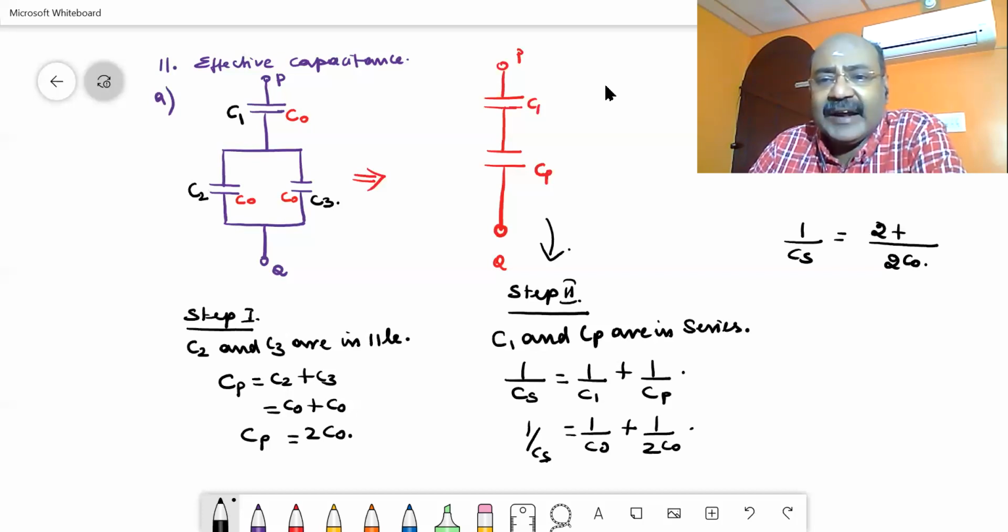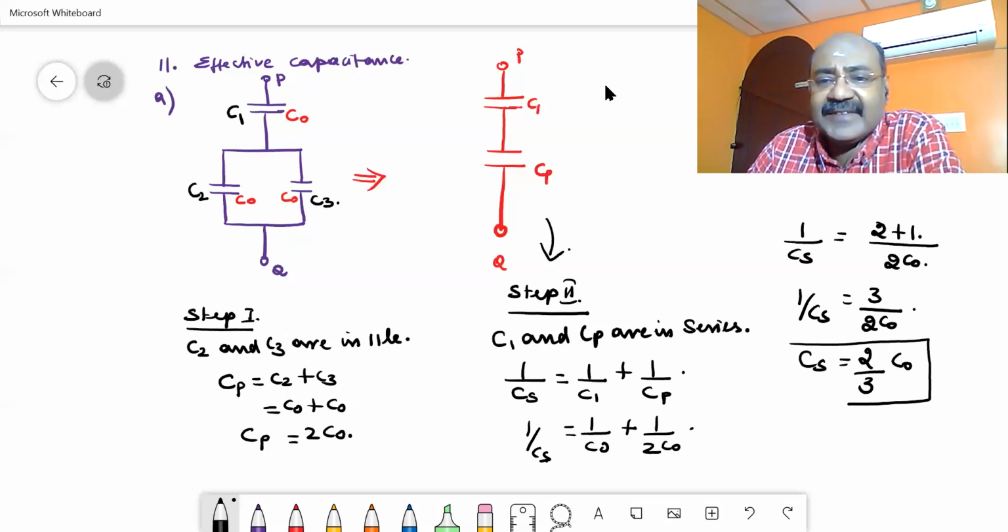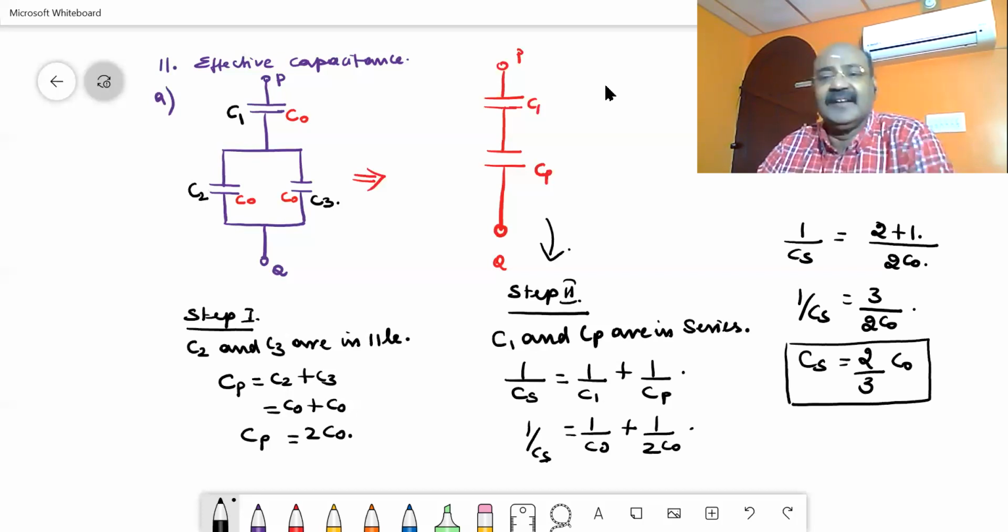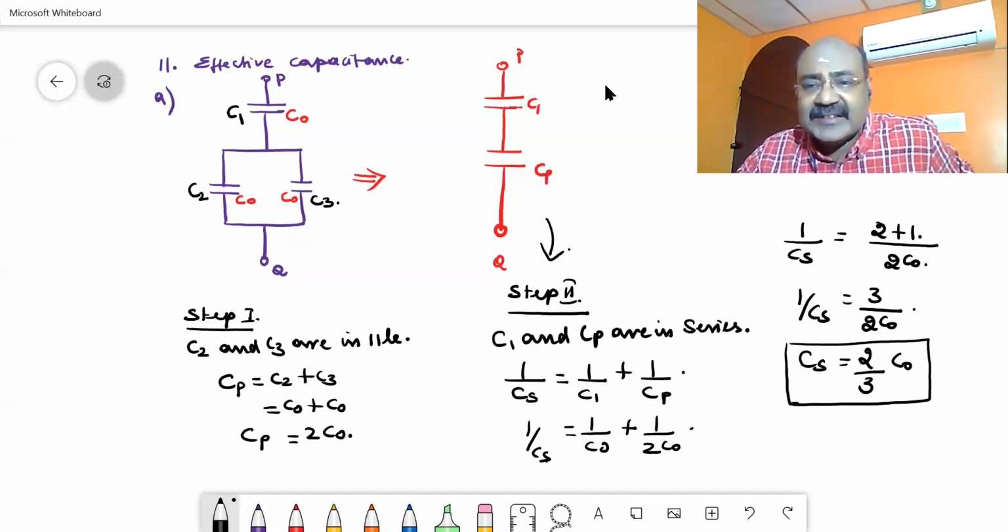So 1 divided by Cs is equal to 3 divided by 2C0. Taking the reciprocal, Cs is equal to 2 divided by 3 C0 as the answer. This is the effective capacitance.